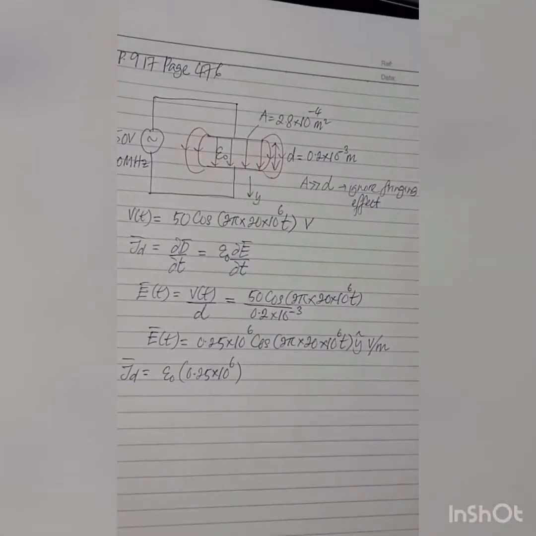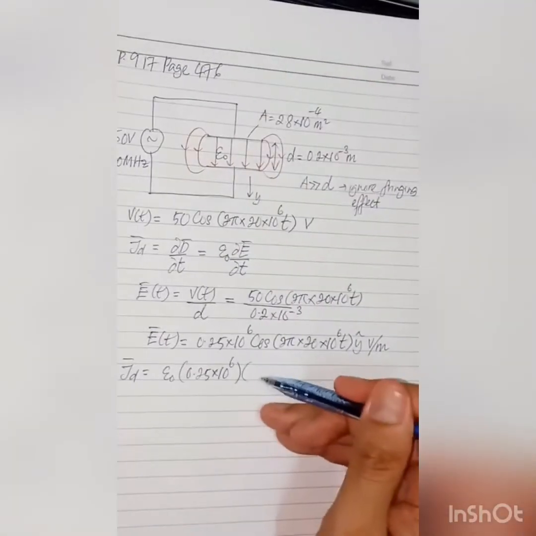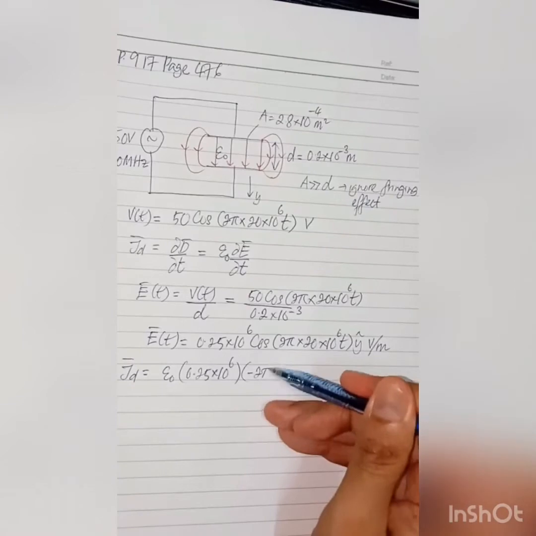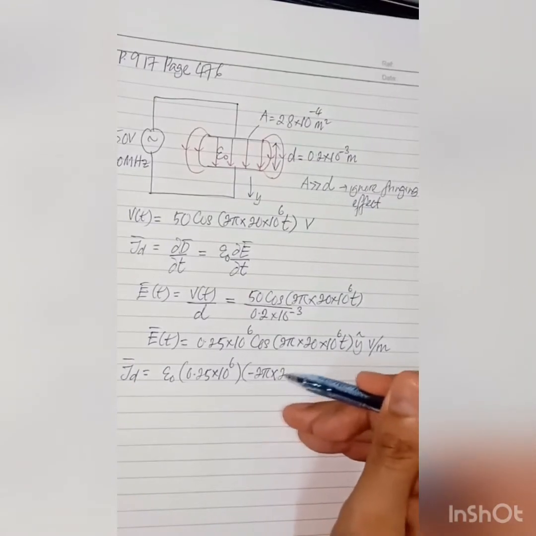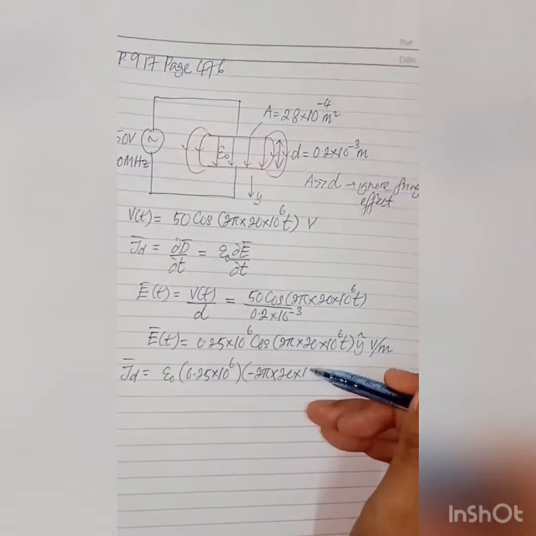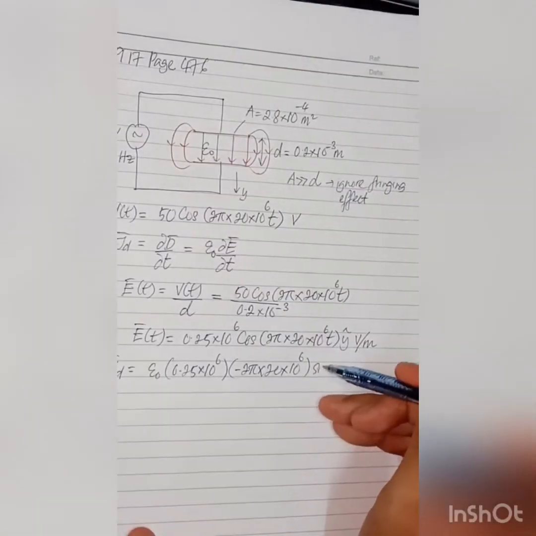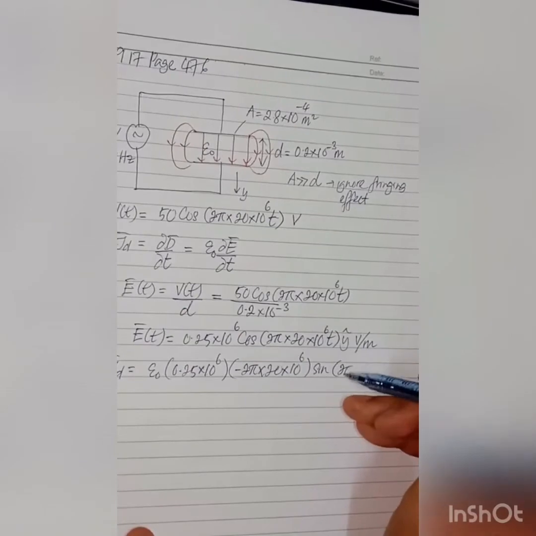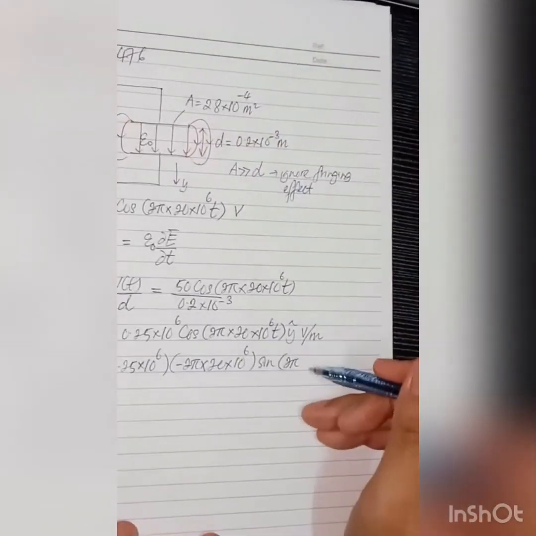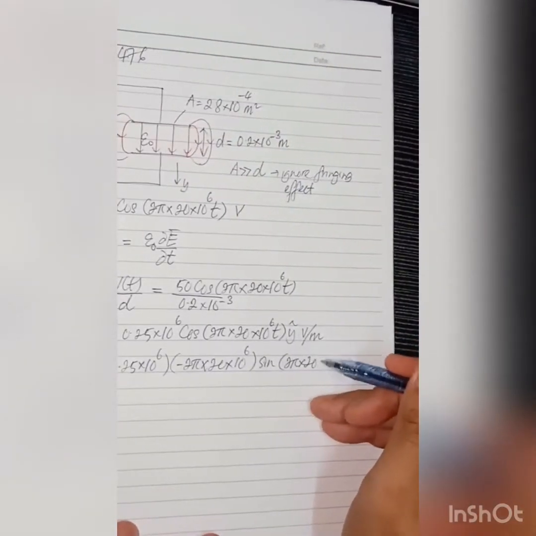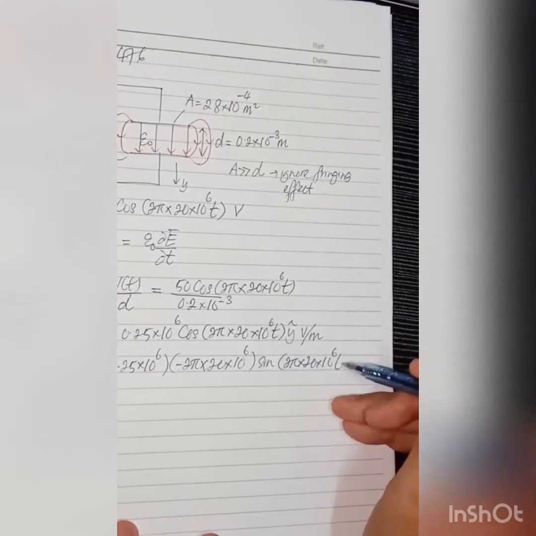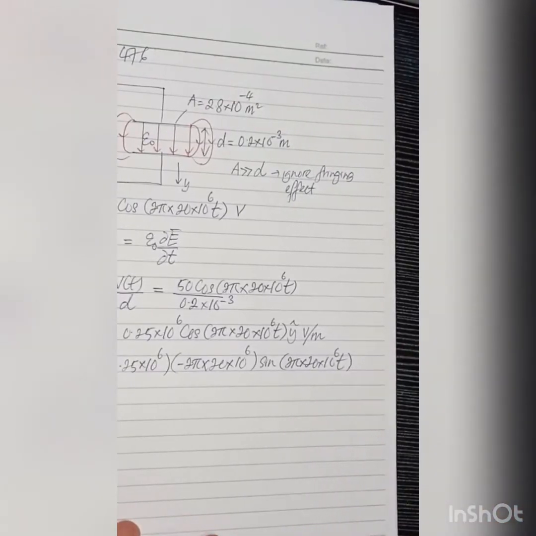Now differentiating over t, we have negative 2 pi times 20 times 10 to the power of 6, and now we have sine 2 pi times 20 times 10 to the power of 6 t.